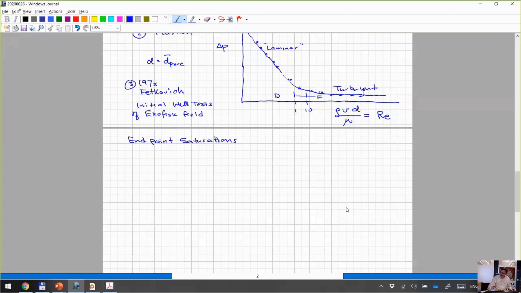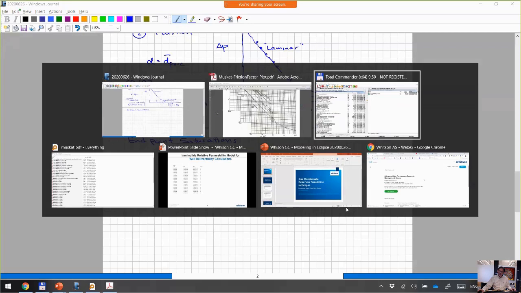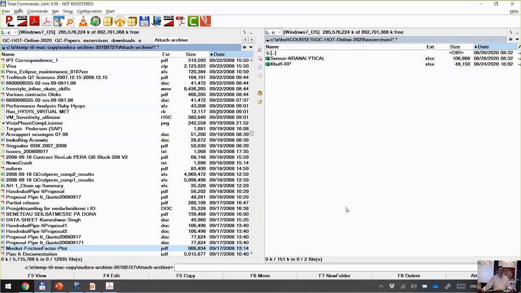And from that paper, I'll show you that paper, it's called isochronal testing, which is normally associated with gas. Why would you do an isochronal test for an oil well?